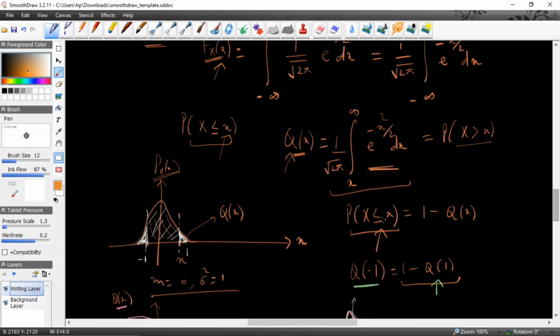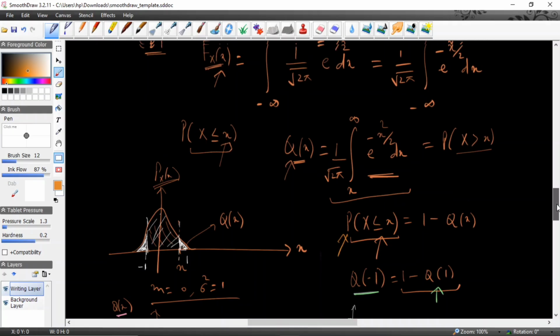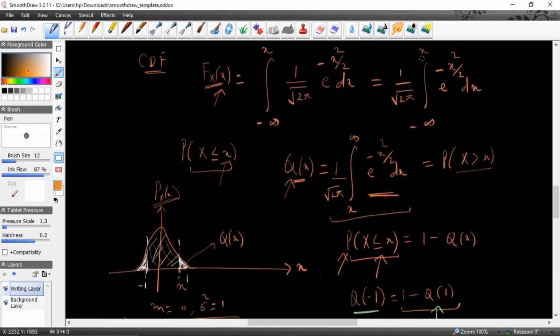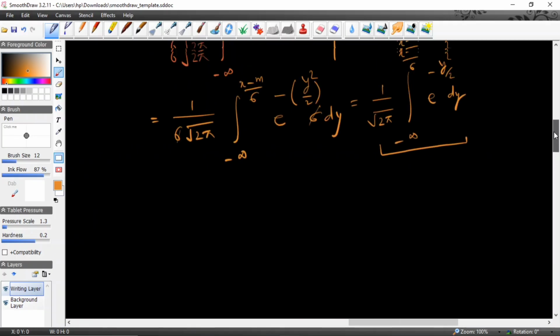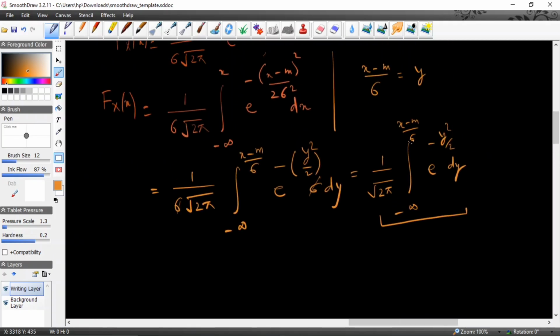In the previous case, we took this as 1 minus Q of x when the integration was from minus infinity to x. Now in this case, since your integration is from minus infinity to (x minus m) over sigma, I can write it as 1 minus Q of (x minus m) over sigma.